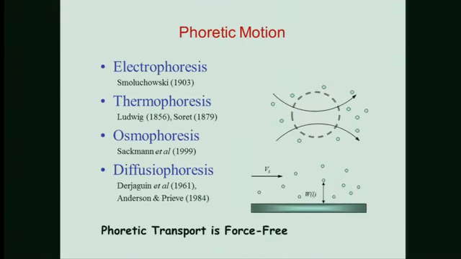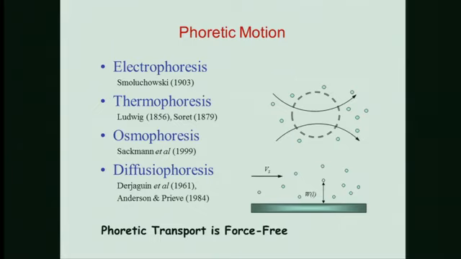What I want to use as a basic mechanism is phoretic transport phenomena. These are non-equilibrium, but within the linear response regime, transport phenomena that are familiar from a long time ago. Earlier references are from the 19th century.